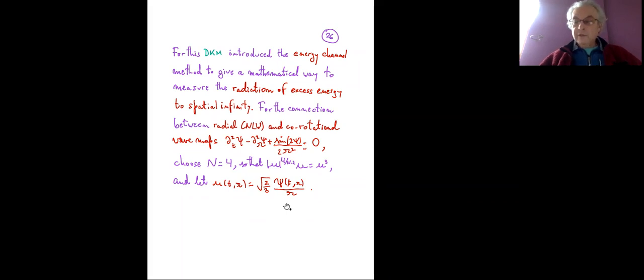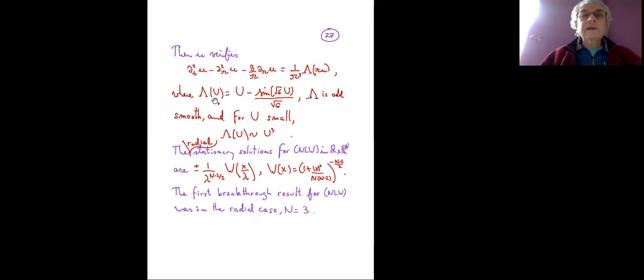What equation does u verify? Well, you calculate, and we get the linear part, which, if you notice, is the radial D'Alembertian in 4 dimensions. And it equals 1 over r cubed, capital Lambda of r times u, where capital Lambda of u is given by this formula, u minus sin(√6 u) over √6.